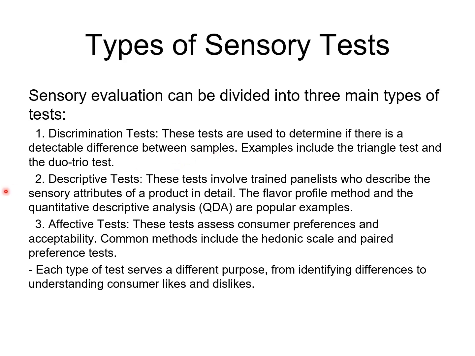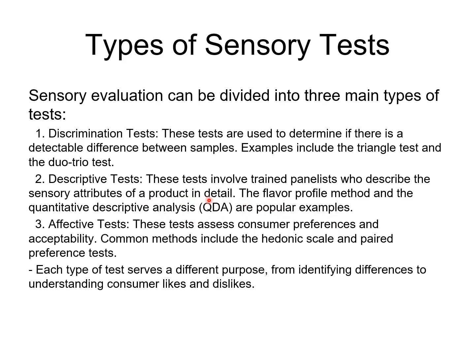The descriptive tests involve trained panelists. They have to describe the sensory attributes of a product in detail, like what flavor they found, which attributes were stronger and which were weaker.